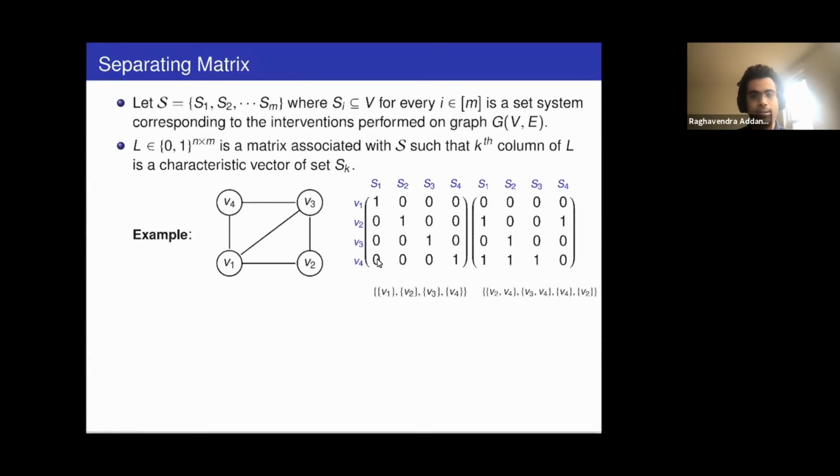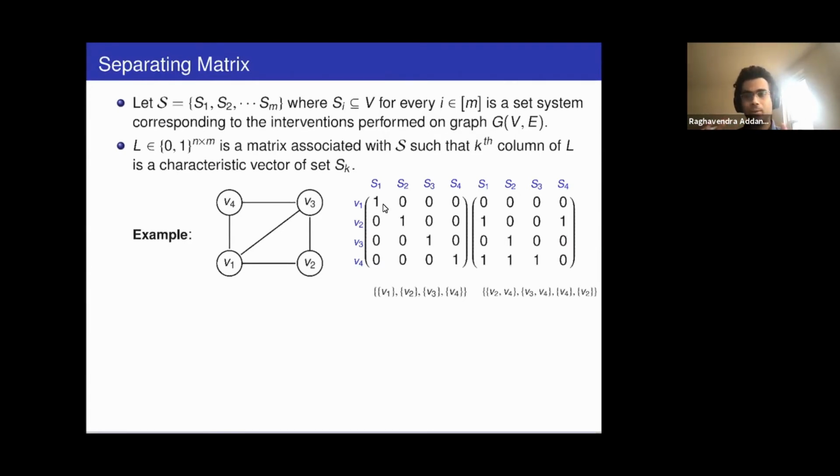So the first column denotes the characteristic vector of S1. Similarly, the second column denotes the characteristic vector associated with S2, so on and so forth. So in this example, suppose S1 contains V2 and V4, we set the row corresponding to V2 to 1, V4 to 1, so on and so forth. So this matrix can be filled out when we give S1 to Sm.